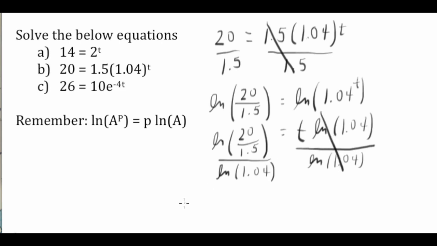We have cancellation. And yeah, we're going to have t equals the natural log of 20 divided by 1.5 over the natural log of 1.04.